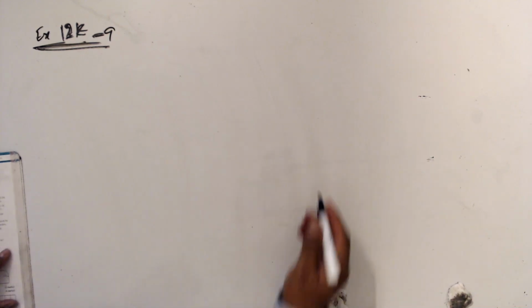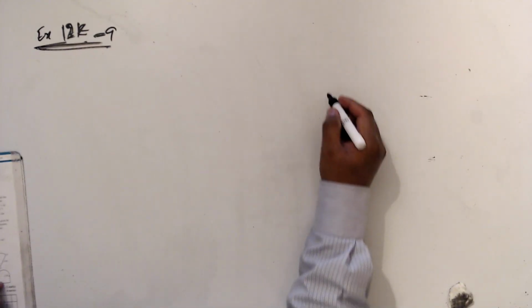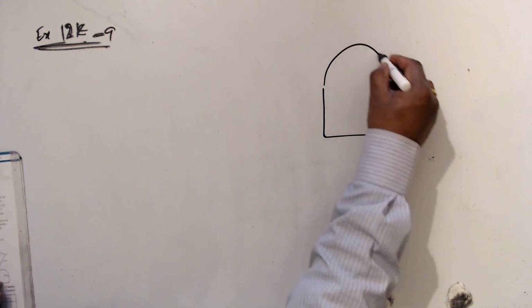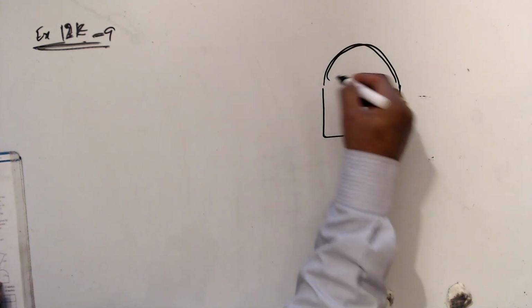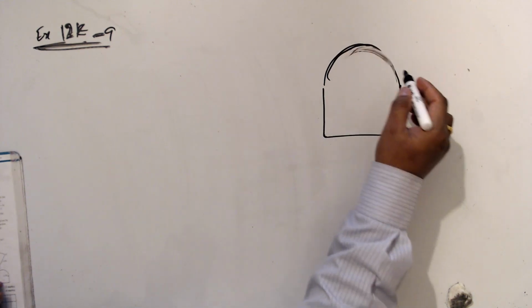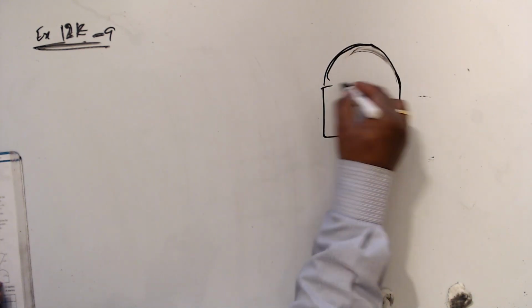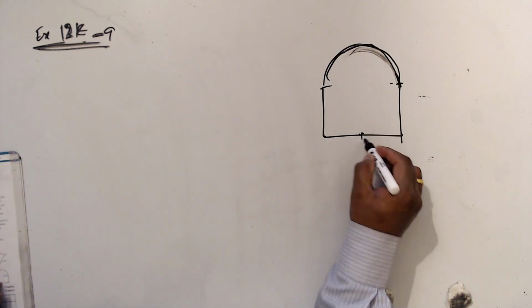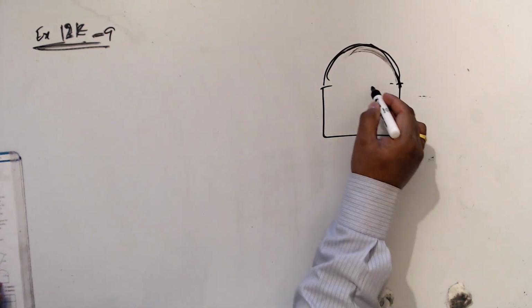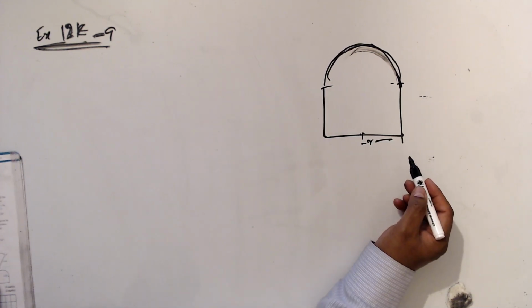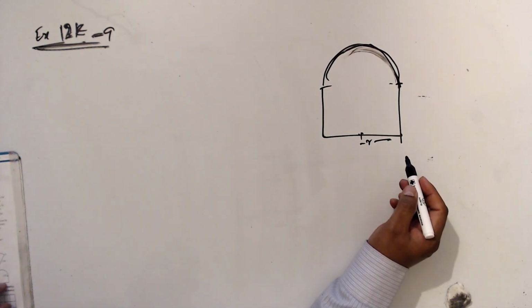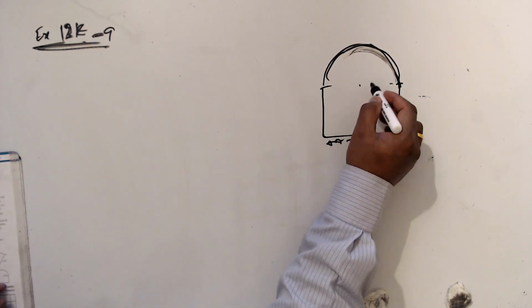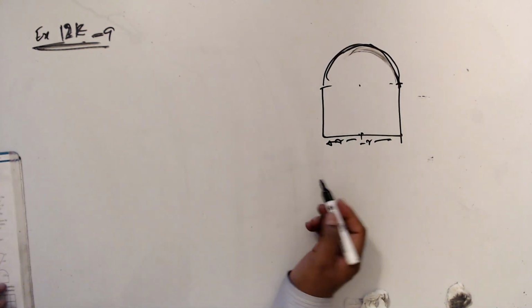Question number 9, when you're ready, after reading. And this length is R because this is R. And this is also R because this is a radius.